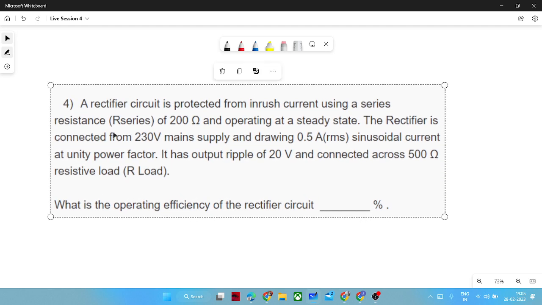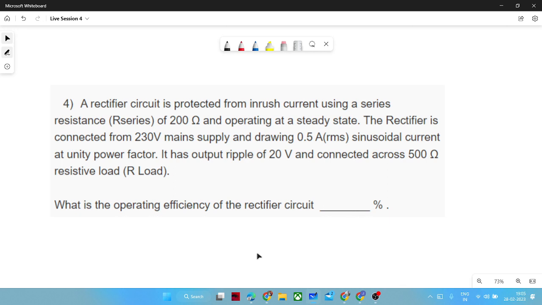Or V RMS square by R? See, V average. In a rectifier, the output will be the DC component, so it will be average. So V naught average square divided by R. By reading this problem, you can directly compute your output voltage since you have the output ripple.